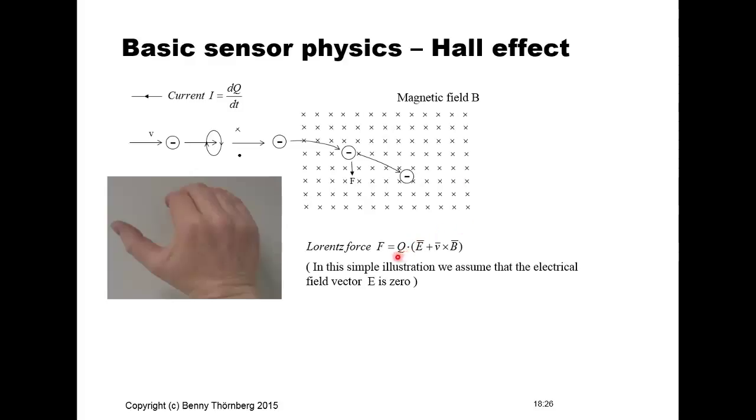Q is the charge of the particle. E is possibly an electric field vector, but in this illustration this electrical field vector is 0. But we have a magnetic field vector B, and the charge also has a motion vector V.